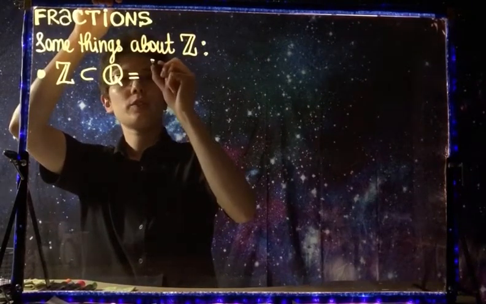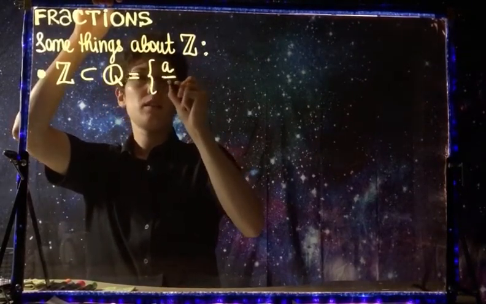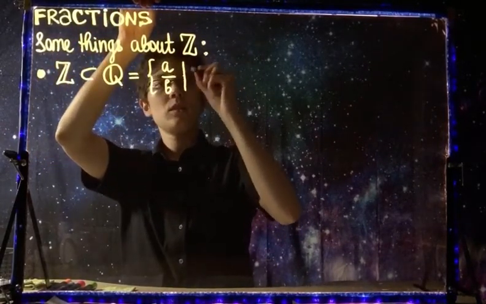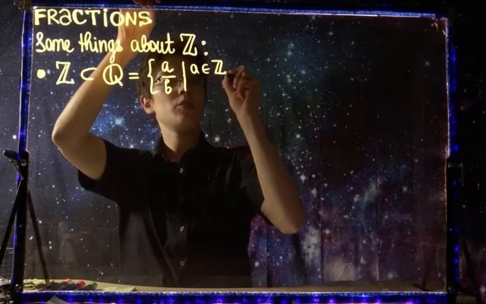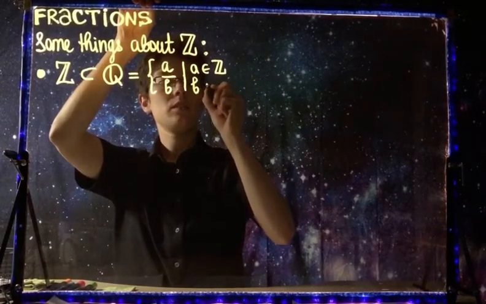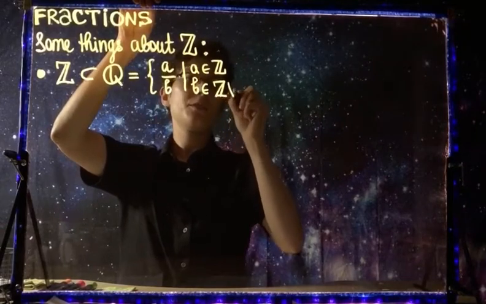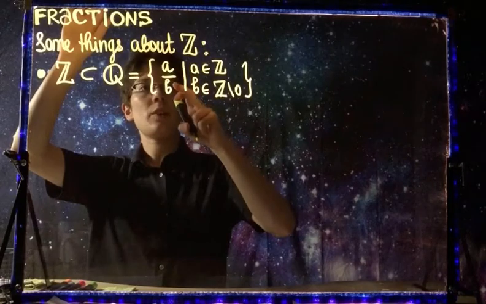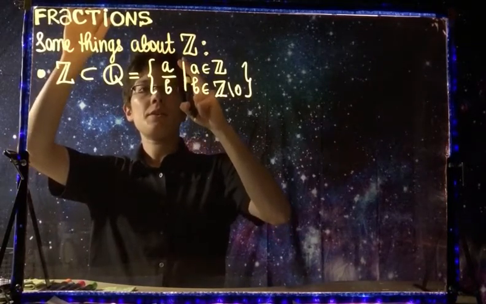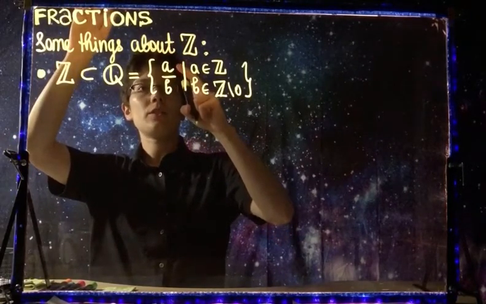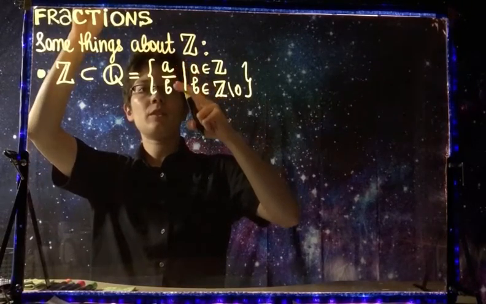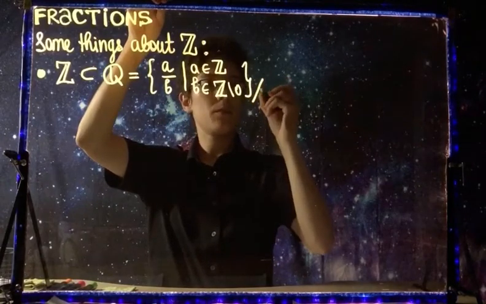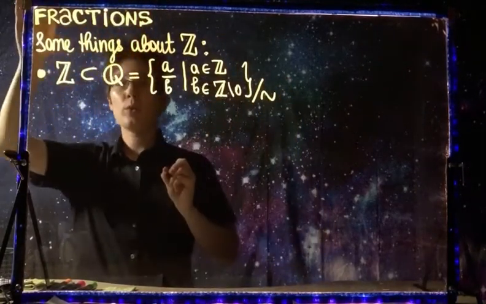And the field of rational numbers is written as the set A over B, where A is an integer and B is a non-zero integer. And we say that two fractions are equal if we can cancel out certain factors in the numerator and denominator and get the same pair. So it is a set of these fractions after some equivalence relation.